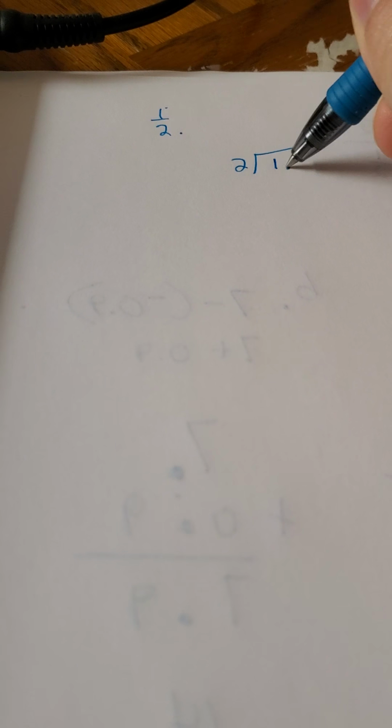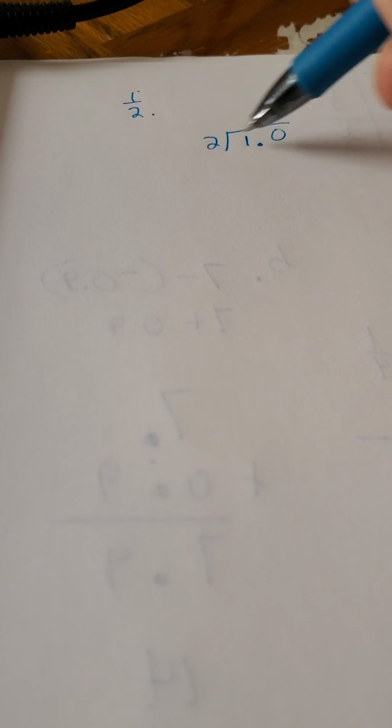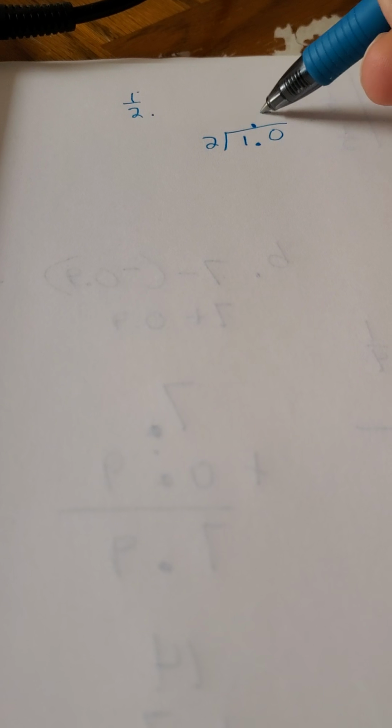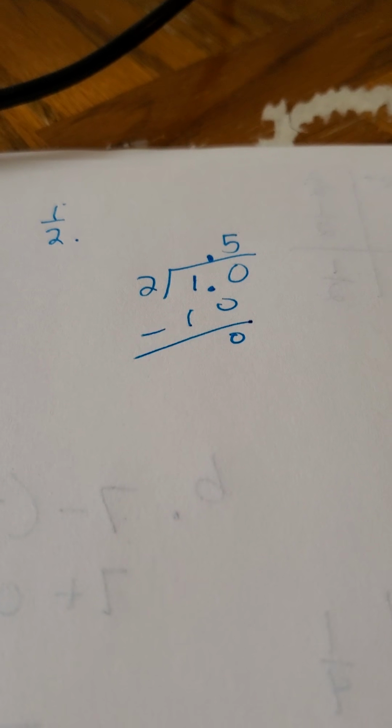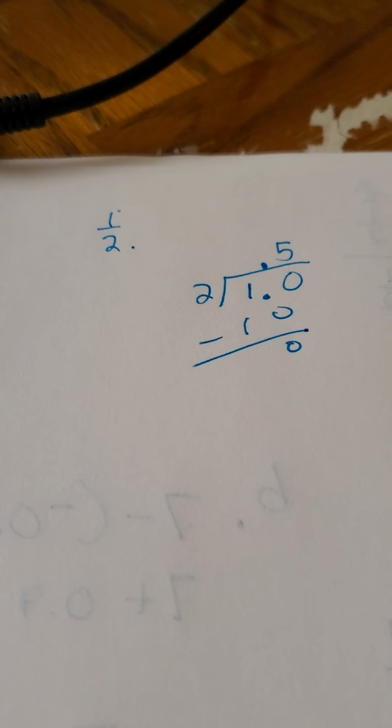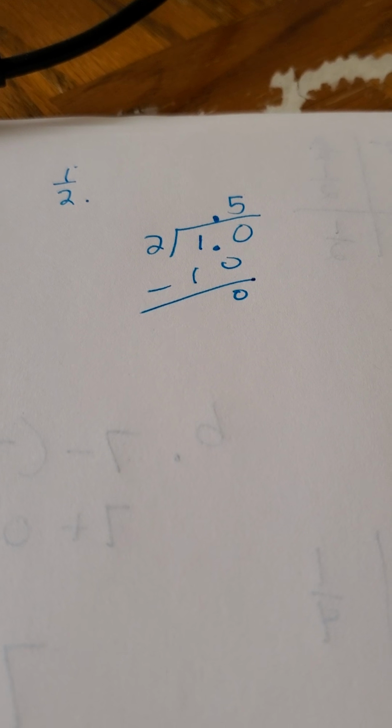So we have half, which is 1 over 2. The 2 is the bottom number, 1 is the top, so we divide 2 into 1. We have to add a decimal here, and in the division problem, 2 divides into 10 5 times, subtract 10, we get 0. So the answer to half is equal to 0.5.